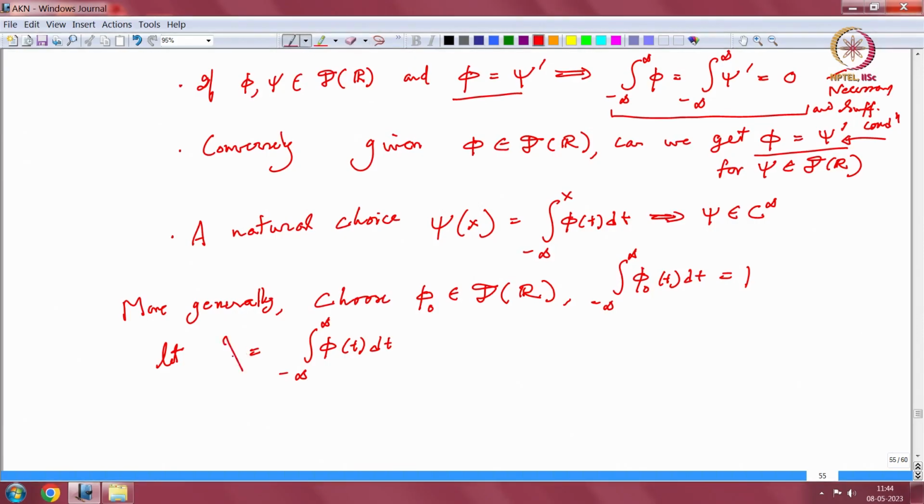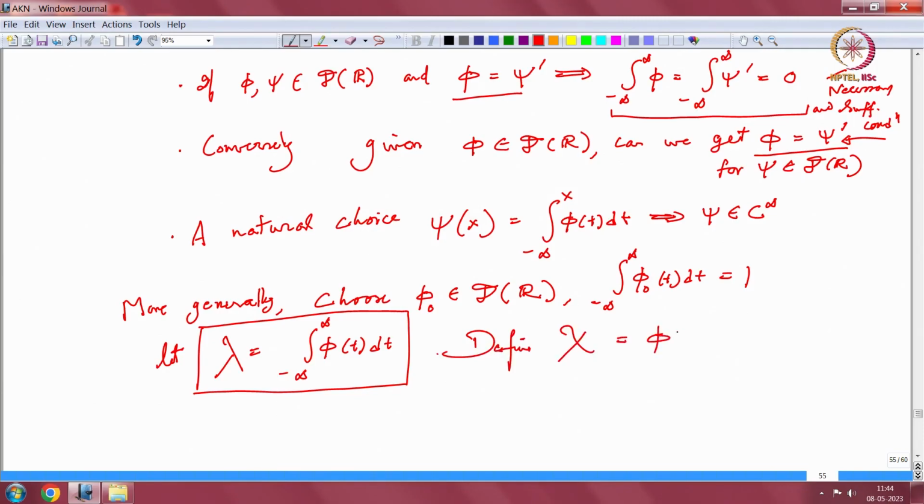You call this number lambda. If lambda is equal to 0, you have that representation. But more generally, define chi equal to phi minus lambda phi naught, where lambda is this constant.